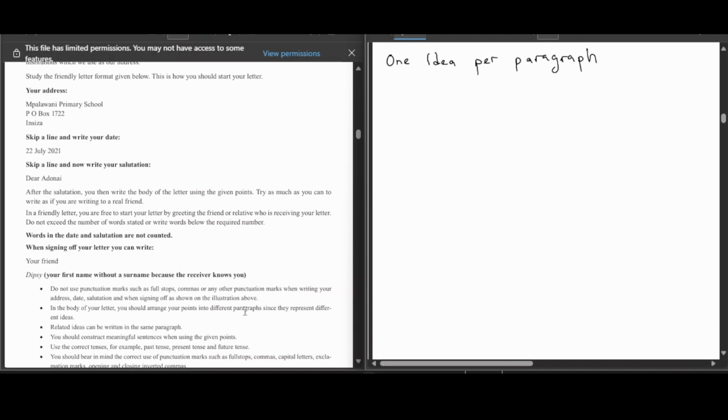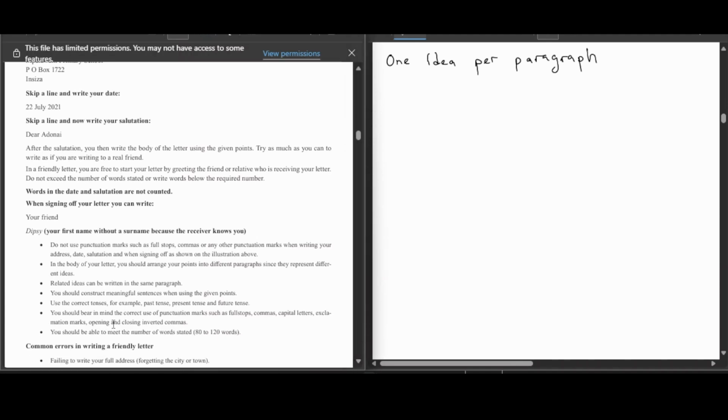But the golden rule holds one idea per paragraph. You should construct meaningful sentences when using the given points. Correct meaningful sentences. Use the correct tenses. You should know whether you are using the past tense, the present tense, or the future tense.